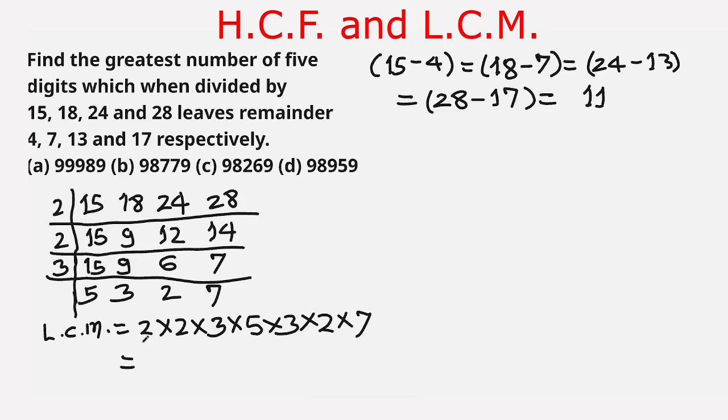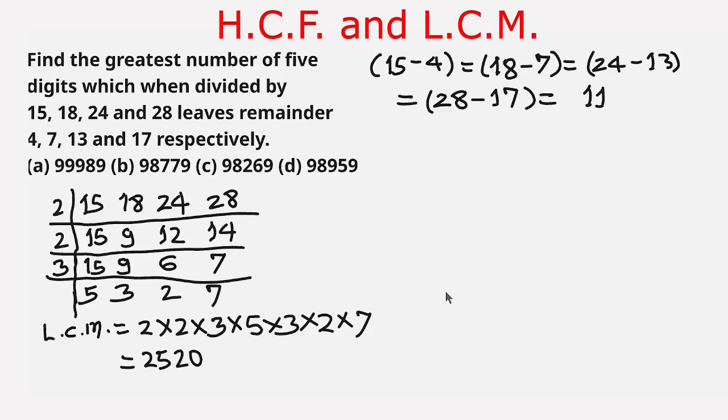So after leaving these two, we will multiply all other digits. 7 multiplied by 2 is 14. 14 times 3 is 42. 42 times 3 is 126. 126 times 2 is 252. And we put 10 to it. So it will be 2520. This is our LCM of 15, 18, 24 and 28.